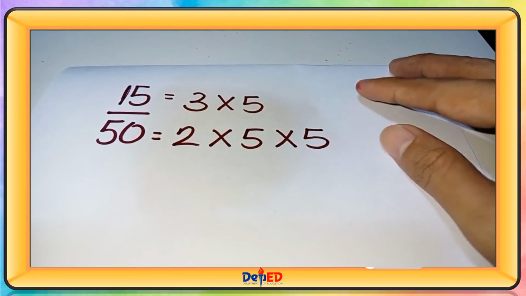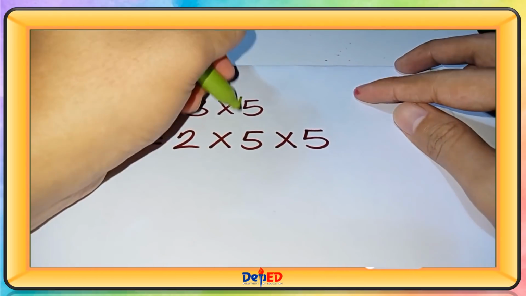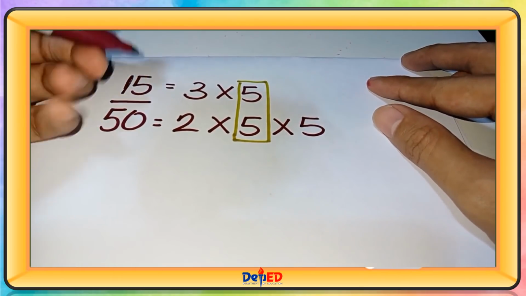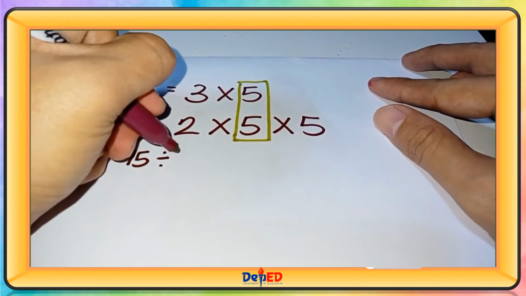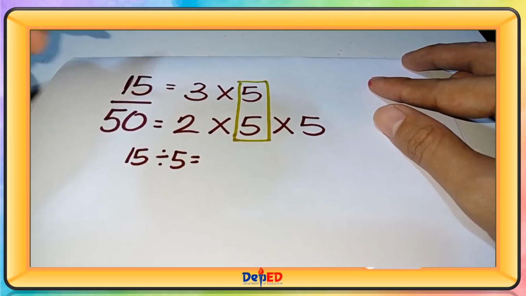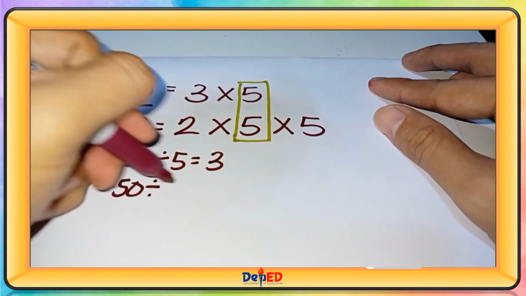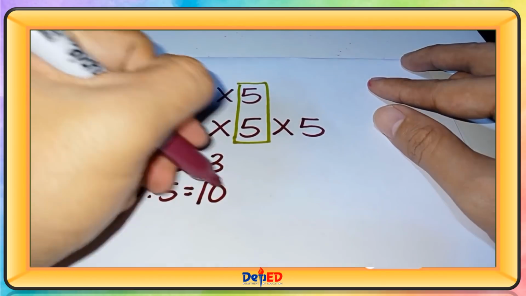We have one common factor, which is number 5. 15 divided by 5 equals 3. 50 divided by 5 equals 10.